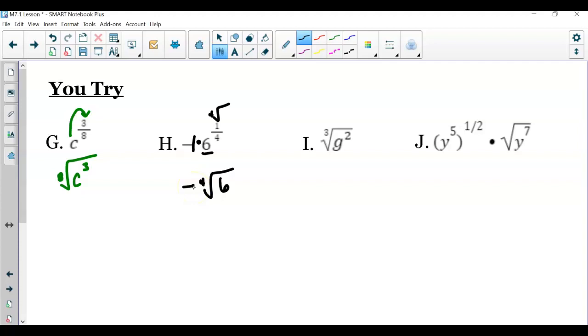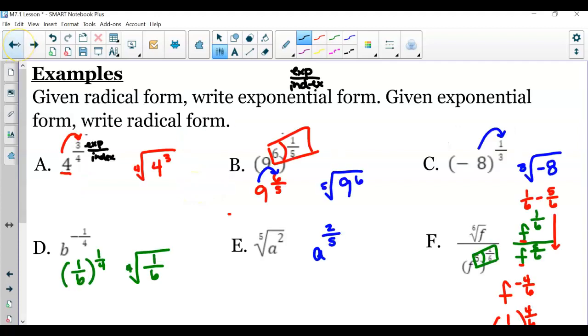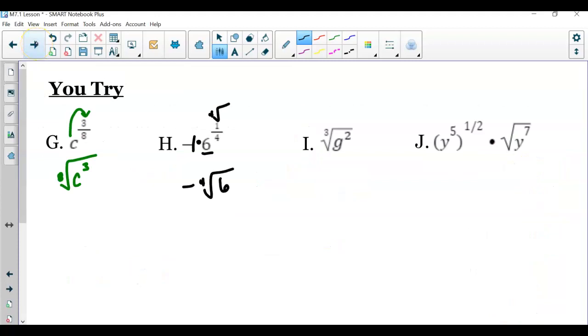So this one is different, if you notice, than which one here? C. See how C, it's all grouped together in parentheses, which shows that this is the value, -8 all together, -8 being raised to that 1/3 power, which is the cubed root of -8. Versus here, I'm going to erase to show you how the negative is on the outside.